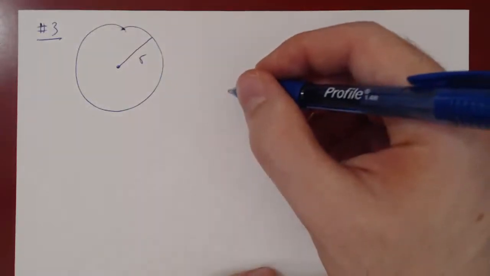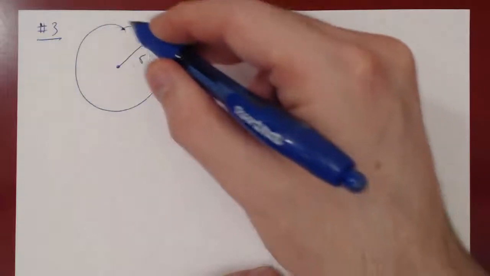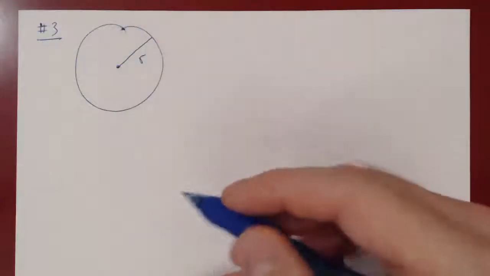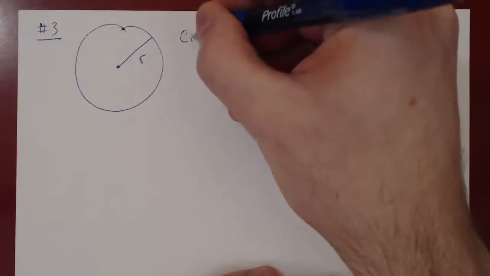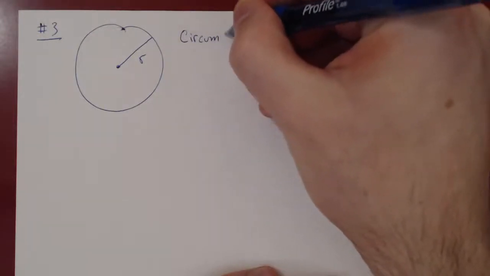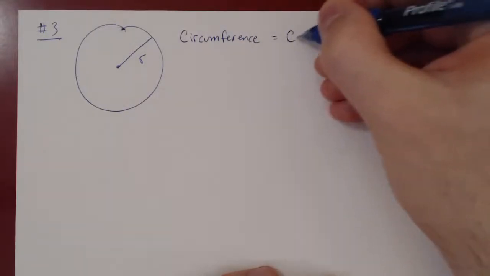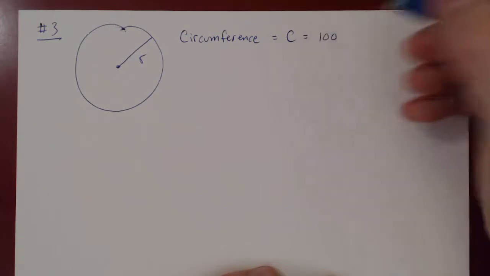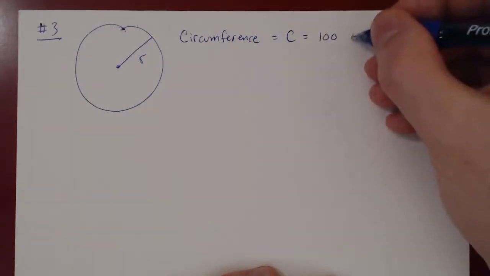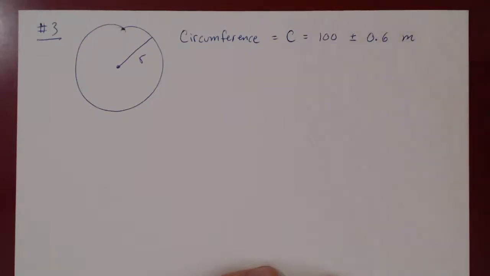And suppose we have measured not the radius now, but with a flexible measuring tape the circumference of the circle. We'll call the circumference C. And suppose we found a circumference of 100 meters plus or minus an uncertainty of 0.6 meters.